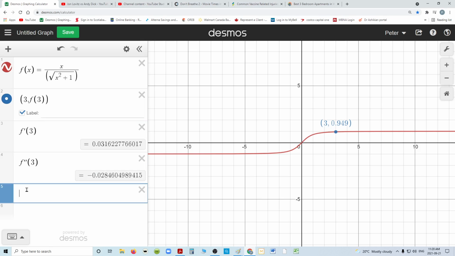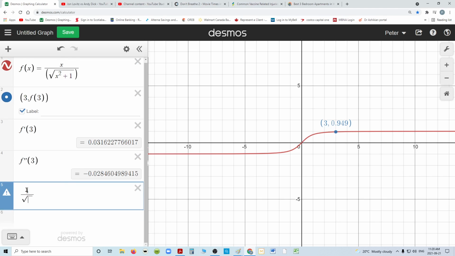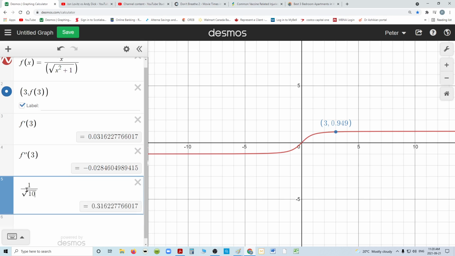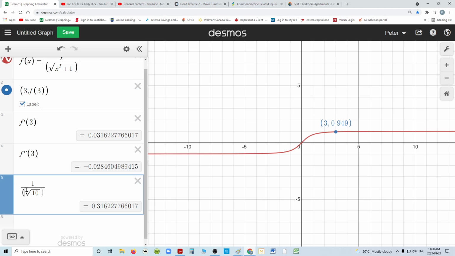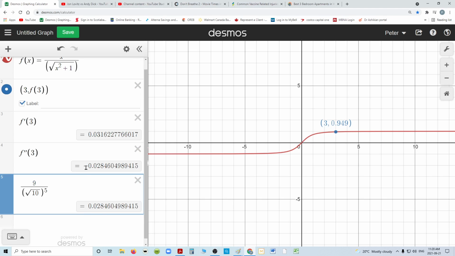I'm also going to show you that number, 1 over the square root of 10 to the power of 5. And it's indeed, when it was 3 times 3, so it's 9. It's indeed the same number that we got here, except I have to remember to do negative 9 here.